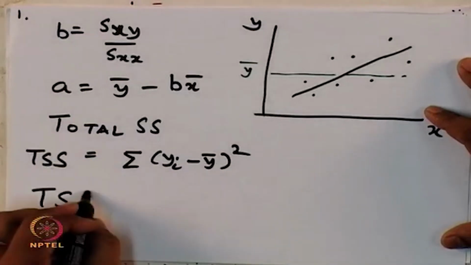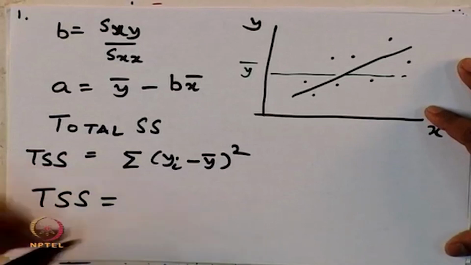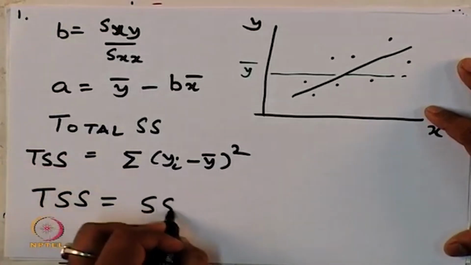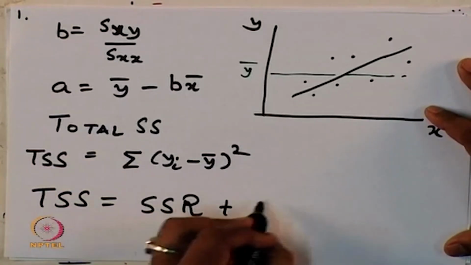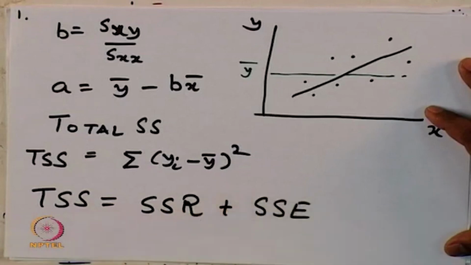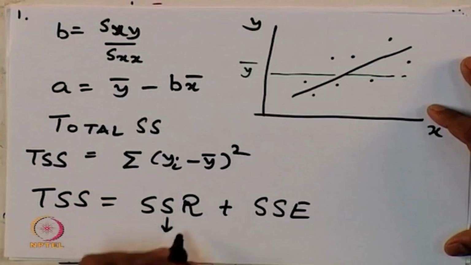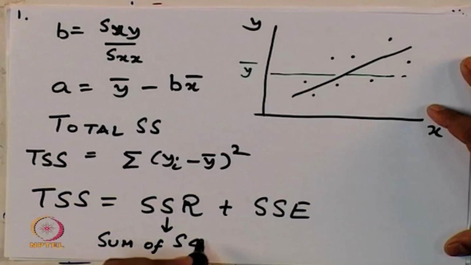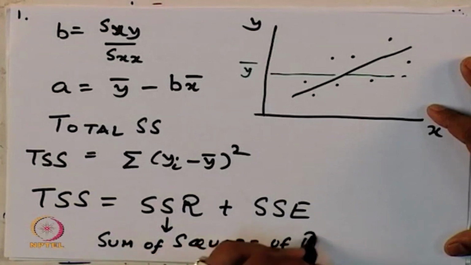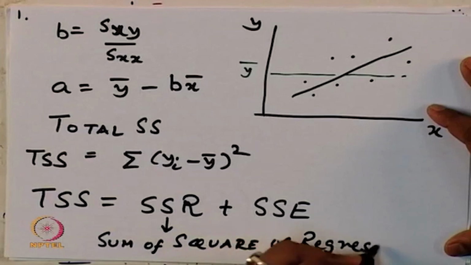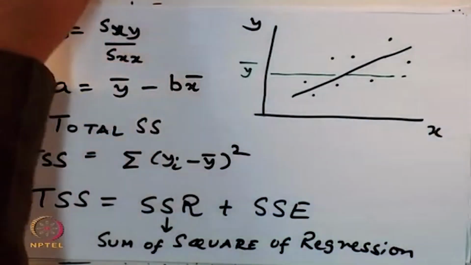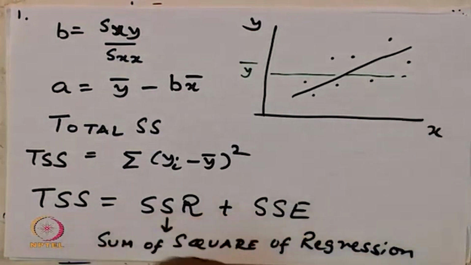So, you want to break down TSS into two components. TSS has a component of sum of squares of regression. At each point, which is the sum of squares of regression?